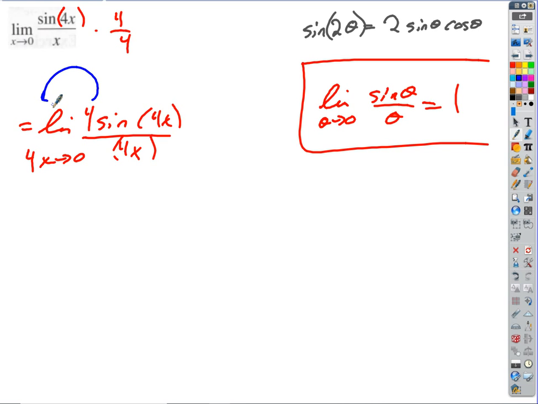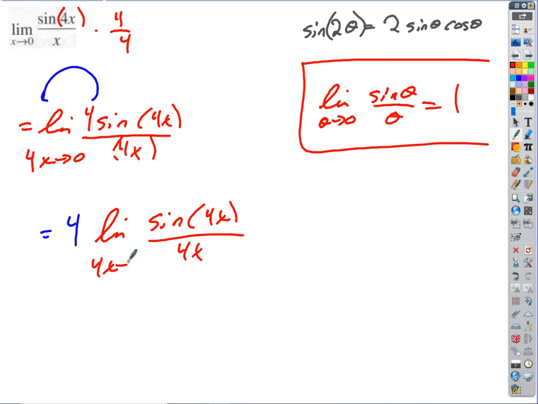So I could write this as 4, pull that 4 out front, times the limit of sine 4x over 4x as 4x approaches 0. And what's the value of that limit? 1. So I get 4 times 1, right? Yeah, the special limit goes to 1. And so we end up with 4. Make sense?